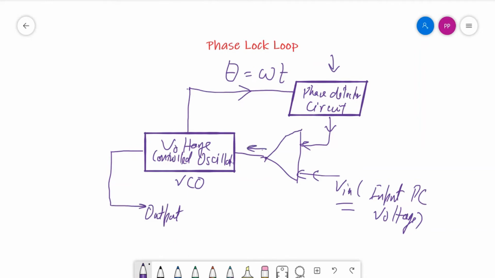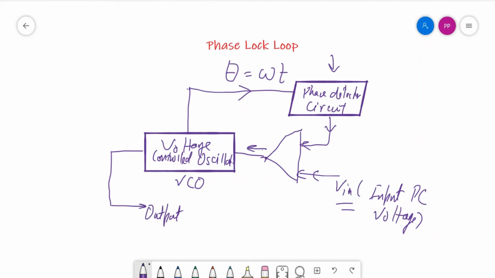So this input is compared with the output of the phase detector circuit, and thus the comparator will produce a difference in the voltage, and that difference will again change the frequency of the LC oscillator within the voltage controlled oscillator.